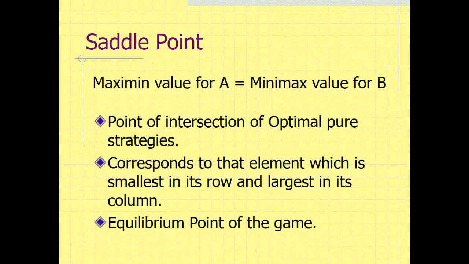Thus, a saddle point is the point of intersection of the optimal pure strategies of the two players. Accordingly, a saddle point is one that corresponds to the element of the payoff matrix which is the smallest in its row and largest in its column. A saddle point is also known as the equilibrium point of the game.